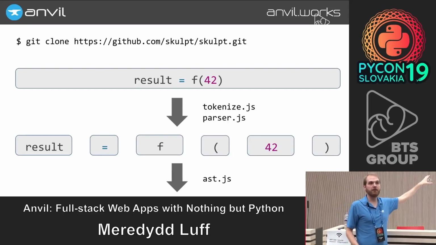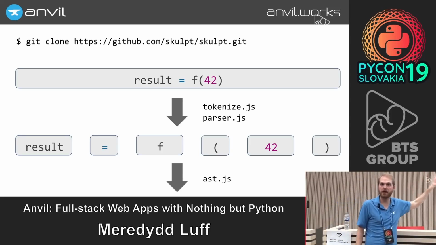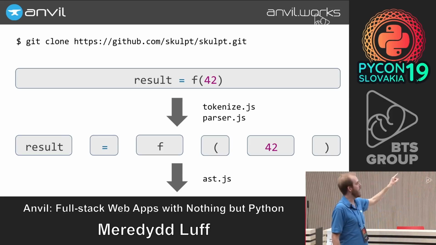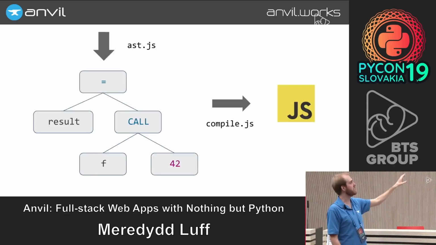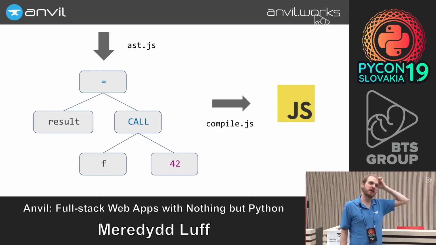It then breaks it up into bits of text that correspond to sensible units in Python. These JavaScript file names, by the way, are the source within the Sculpt compiler if you want to follow along at home. And then it assembles this into an abstract syntax tree, which is a tree of operations that represent things that we would think make sense in Python.